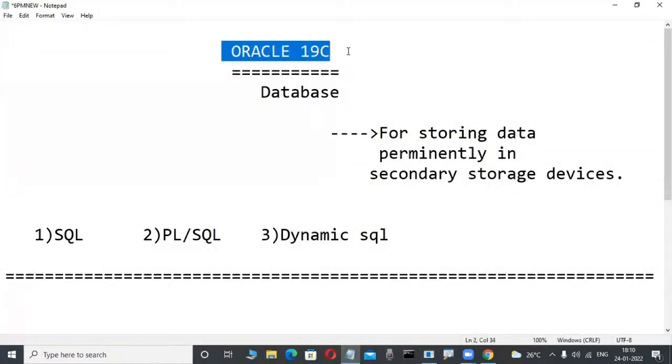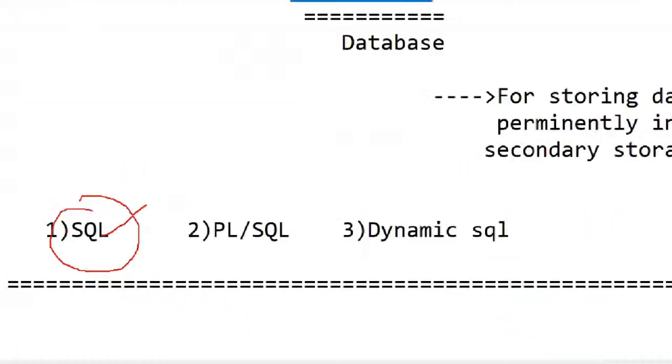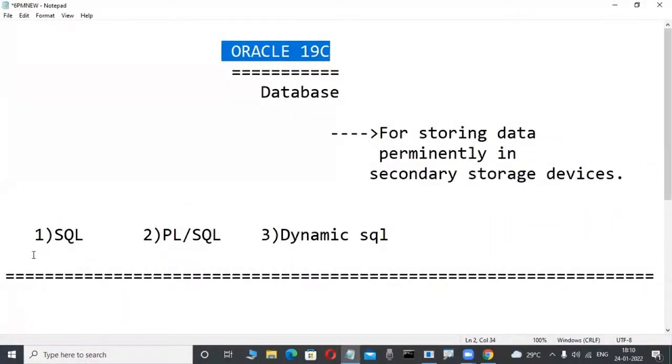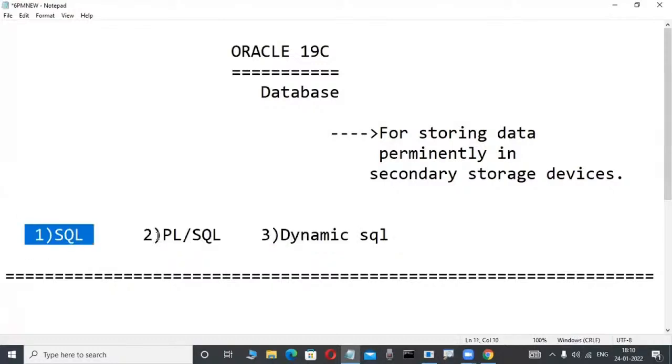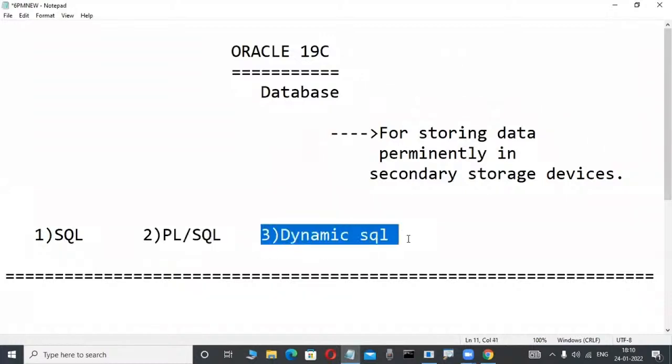Now, for operating these relational data model products, one universal language is there. What is that? SQL, structured query language. But to operate the Oracle product, not only the SQL language, there are three languages. One is SQL, another is PLSQL, procedural language extension for SQL, and another is dynamic SQL.